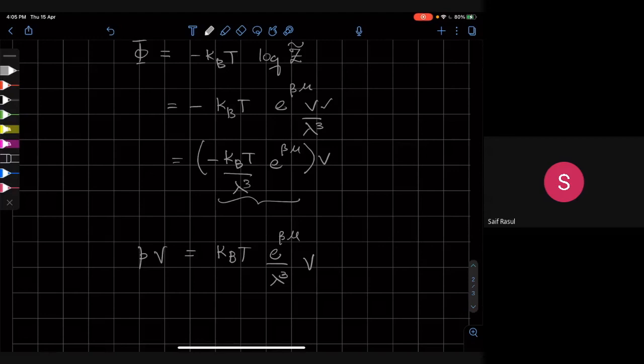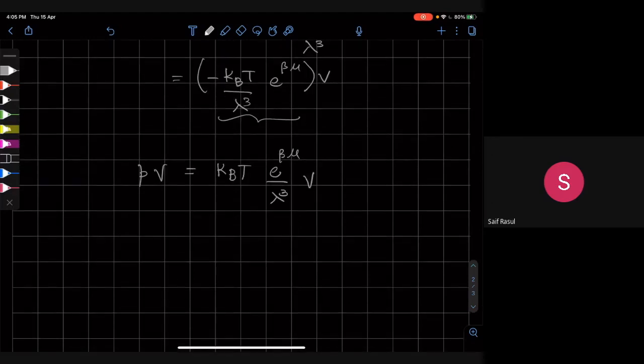On the other hand, we also calculated the average number of particles N. It's conventional to call this average number of particles N, although N is usually just the number of particles, not the average, but it should be contextually clear which one we mean.